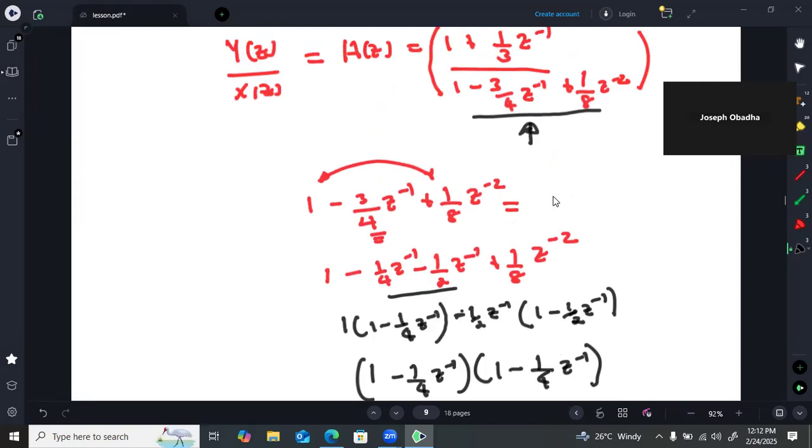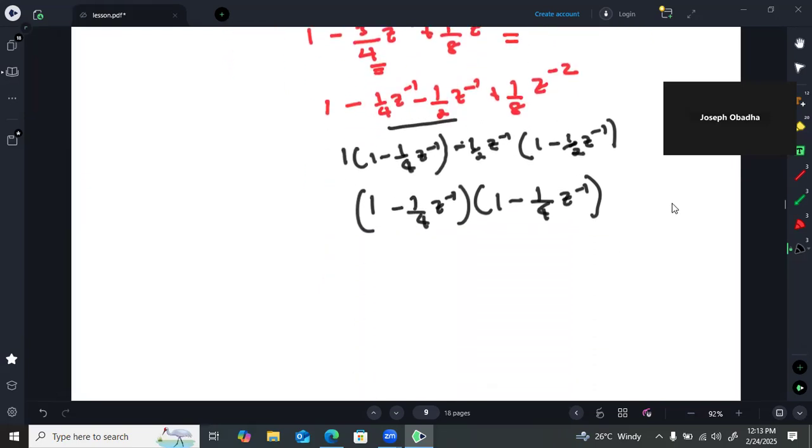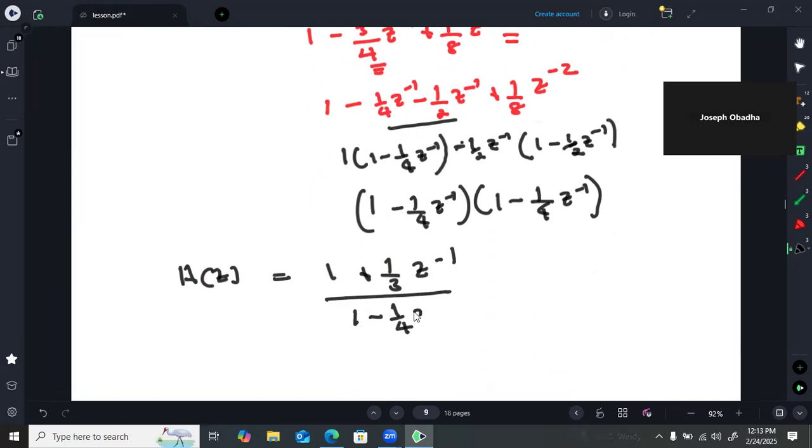So that's just the factorization of the denominator, and I need to write down my H(z) the way it was. So now I have H(z) equal to 1 plus 1/3 z^-1 over 1 minus 1/4 z^-1 into 1 minus 1/2 z^-1.